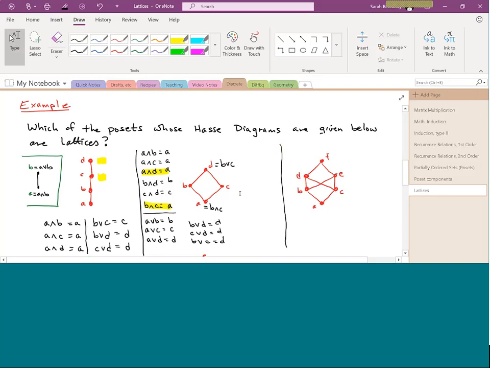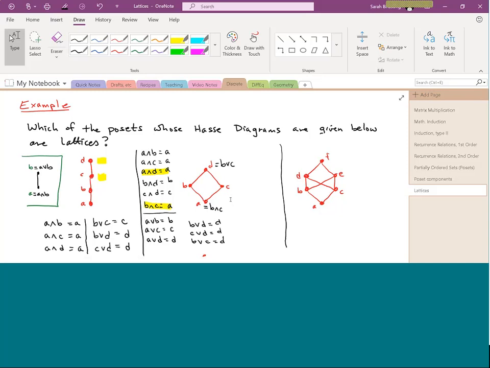If you have two guys that are roughly speaking at the same level, so they're not forming a chain between them, you look up until you find your join, you look down and you find your meet. So you're typically going to have some sort of diamond-esque shape. And depending on what actual edges you have in there, it may have some extra edges, but it should look like some sort of polygon-esque shape if you looked at the whole thing together with the meet and the join.